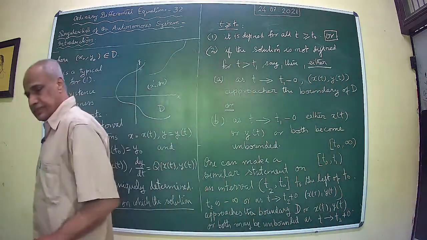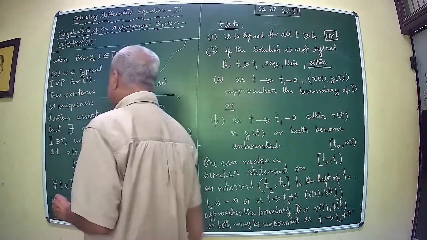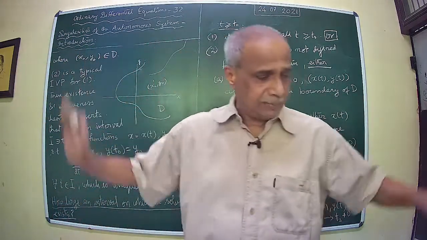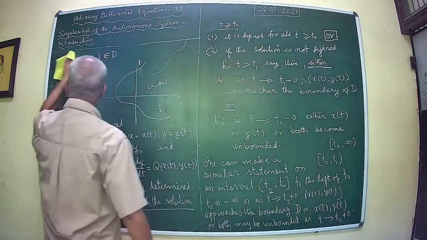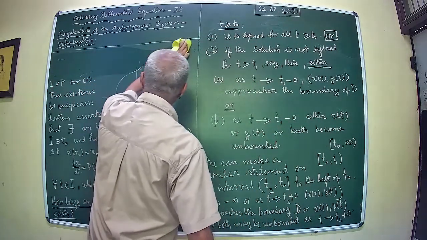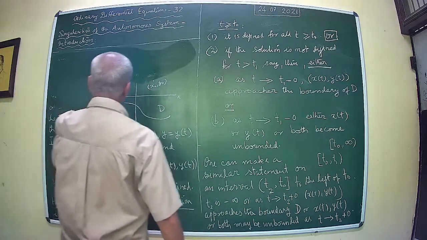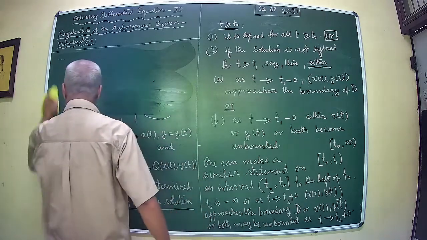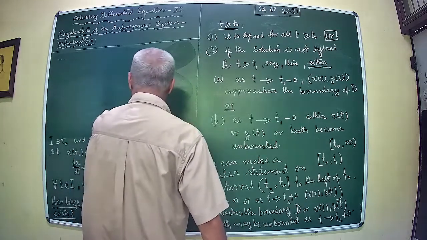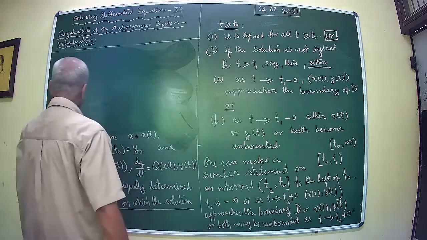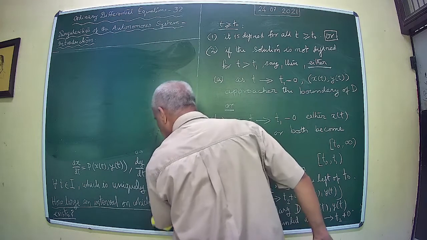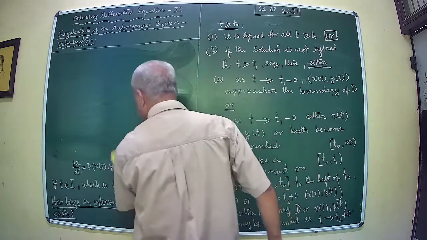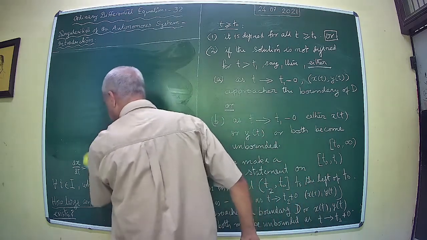So that means the following: (t2, t1) is the maximal interval, or what we are asserting is that there is a maximal interval, say (t2, t1), on which this unique solution is defined.